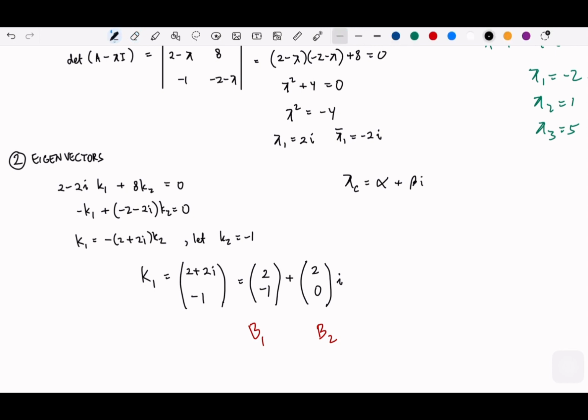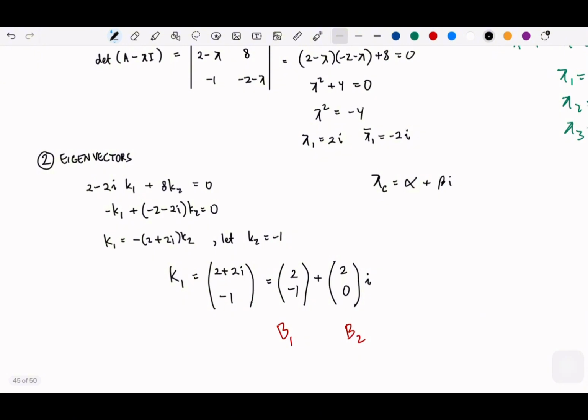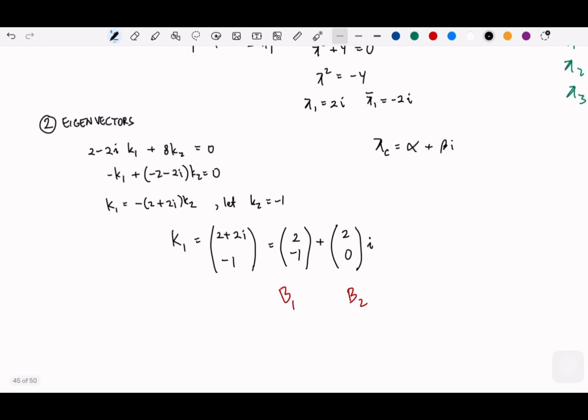Alpha is just a real number, and beta will be the number which is the imaginary. And now we have our eigenvalues, we don't have any alpha, right? Alpha is 0. So we can write here that alpha is 0. And our beta, we can have 2, or let me just write here, it's 2 and -2, okay?